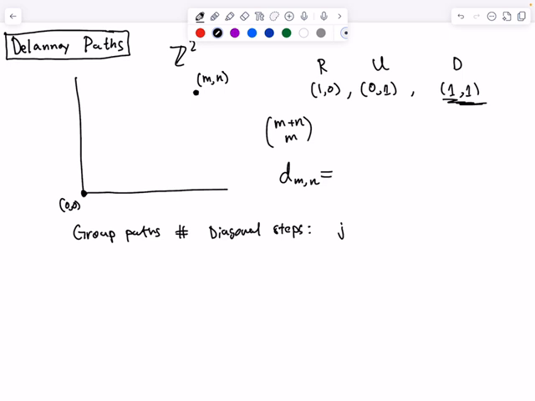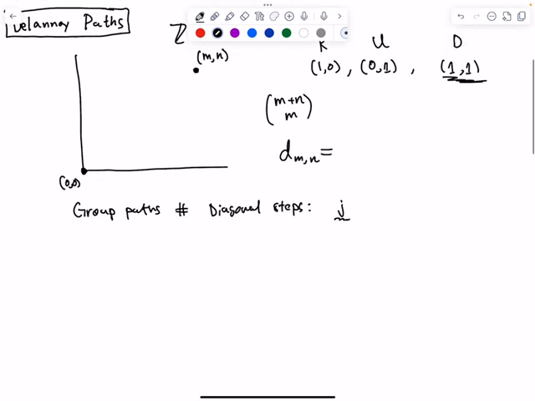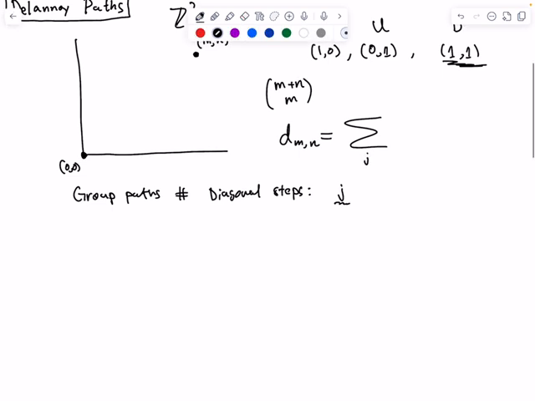Now, if we can solve the general problem where we have j diagonal steps, then we can simply sum over all possible values of j, and since each case is non-overlapping, we'll get the final answer. So how would we do that?